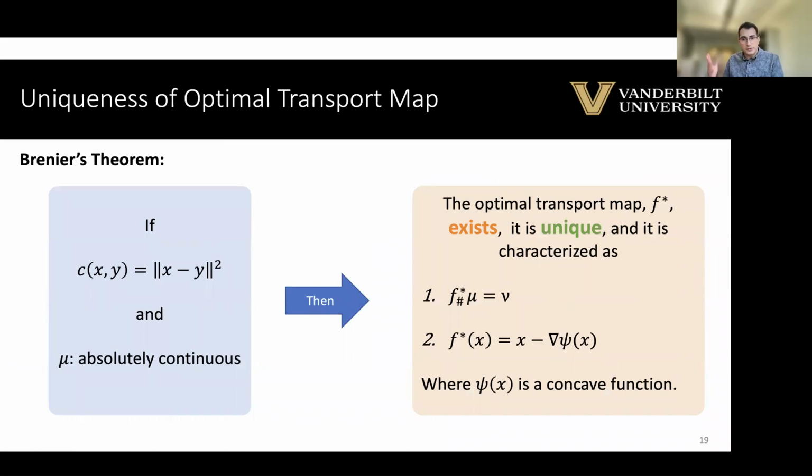And then, of course, there are many interesting theorems out there that talk about the existence and uniqueness of this transportation map.